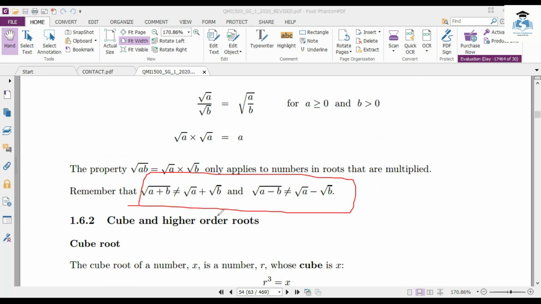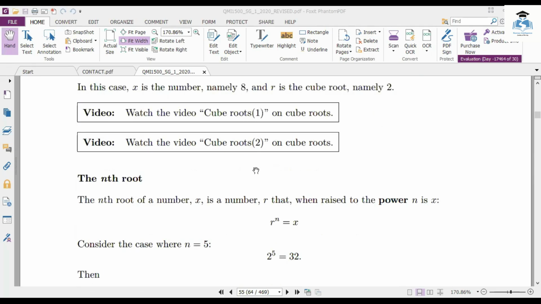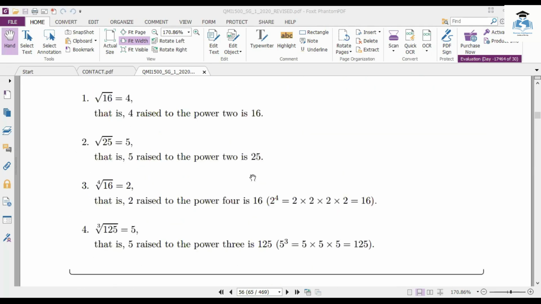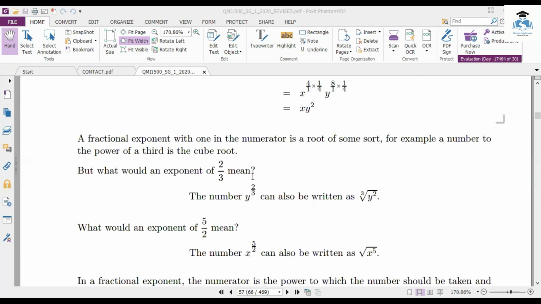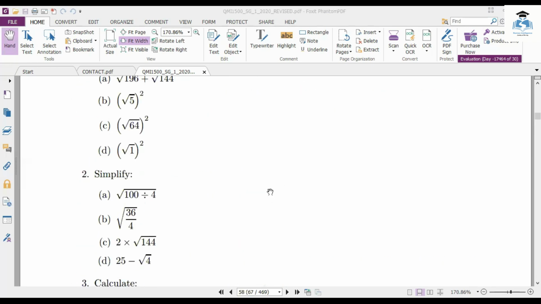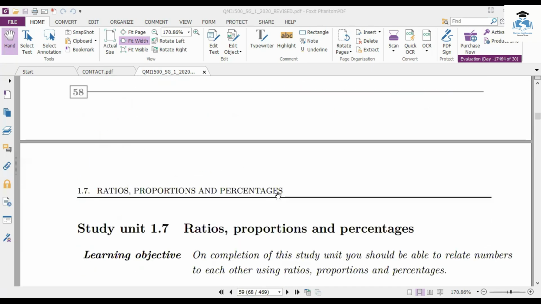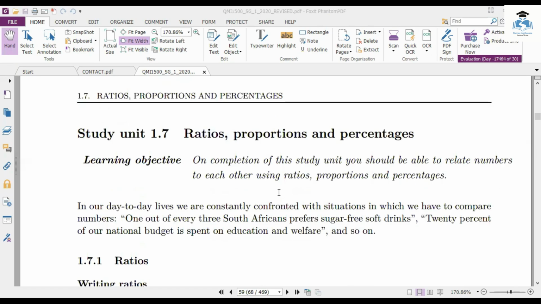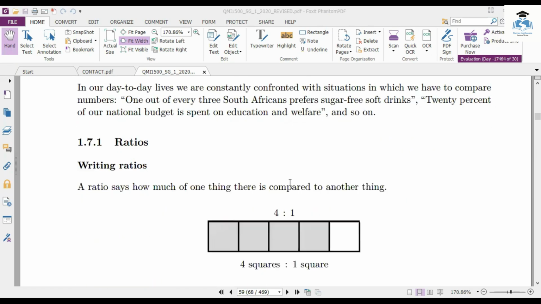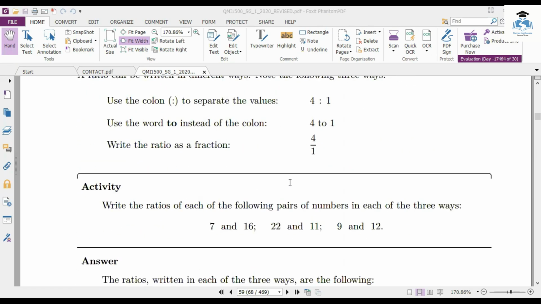Remember I said, take note, the only thing that you can separate is when you are multiplying. Roots. This one, ratios.